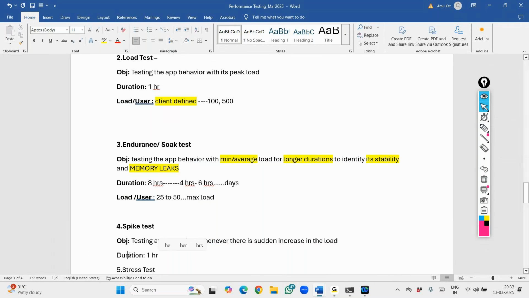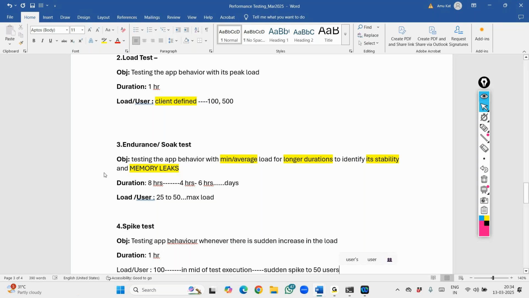Actually it starts with 100 users, and in the middle of test execution, there is a sudden spike by, let's take, 50 users.